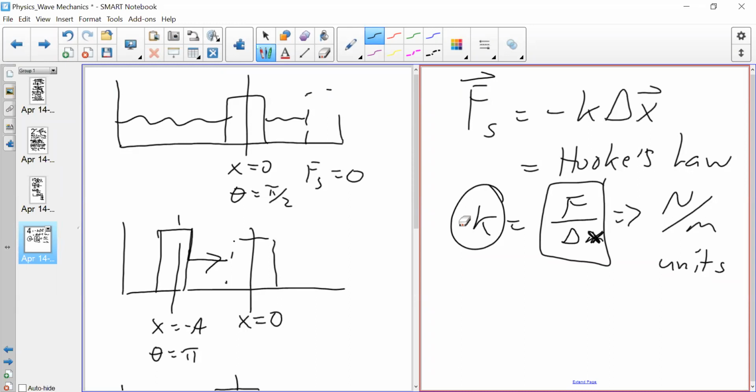But generally speaking, for our ideal situation, when we don't consider friction and we don't talk about the elastic limit of things, Hooke's law is obeyed. It's constant.